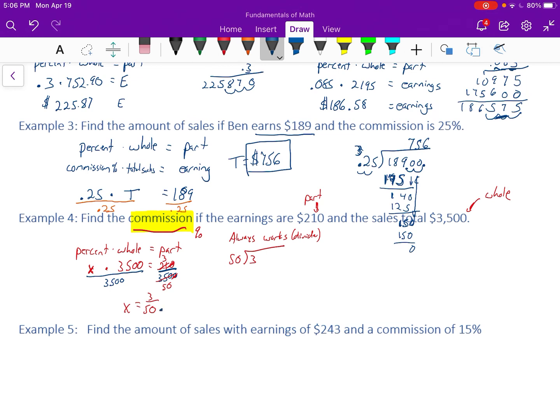It means per 100. So if we can get that denominator to be 100, 3 times 2 is 6, we know that this is 6%. 6 per 100. That's a quicker way to do it if we have one of those denominators that is a factor of 100. Again, the way that always works is you can divide, so we could have done 3 into 50 and you would still get 6%.